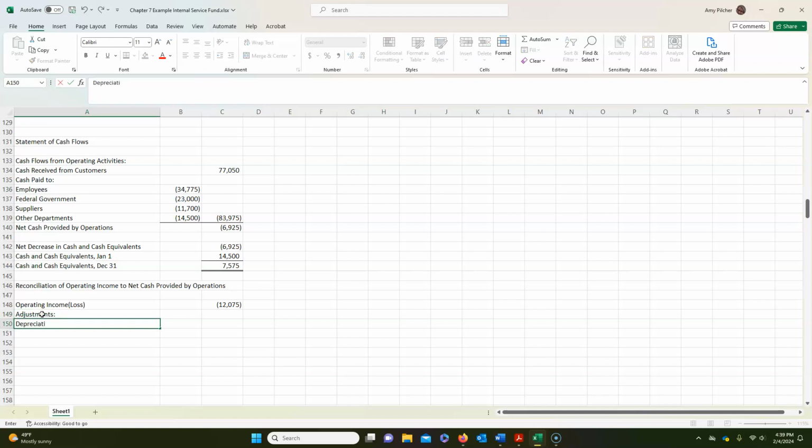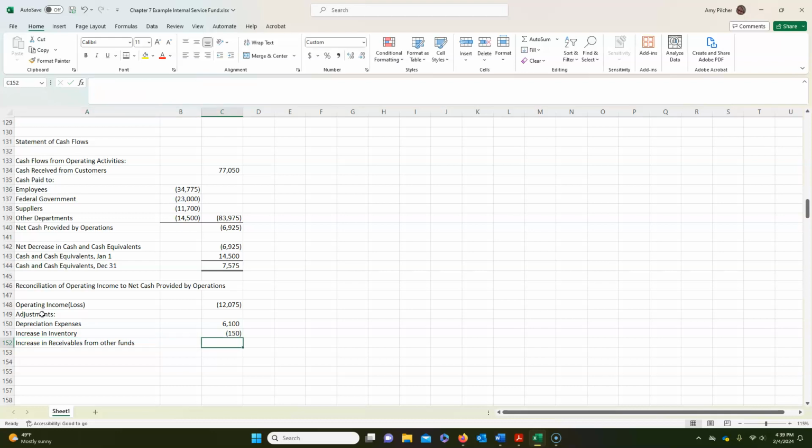So we would add back depreciation expense, and we have an increase in inventory of $150, an increase in receivables of $1,050, an increase in accounts payable of $400, a decrease in due to federal government of $175, and an increase in due to other funds of $25.